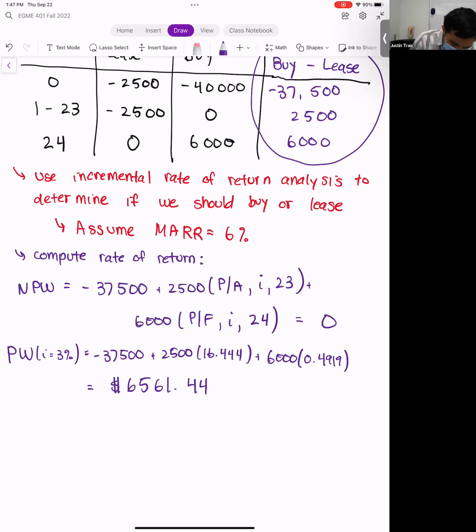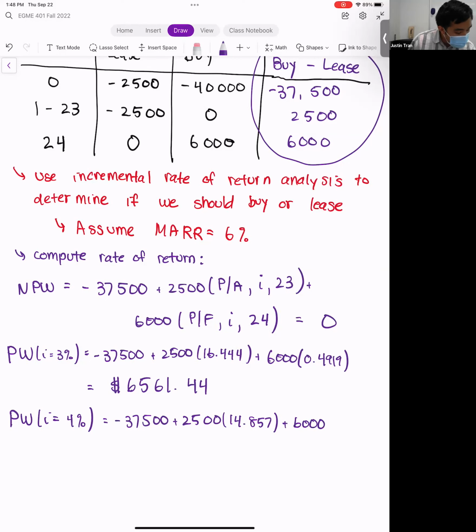Let's do the present worth for i equal to 4%. Let's repeat this. So we have minus 37,500 plus 2,500 times the P over A factor for this case, which is 14.857, plus 6,000 times 0.3901.